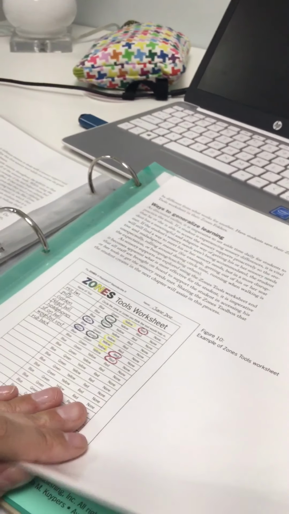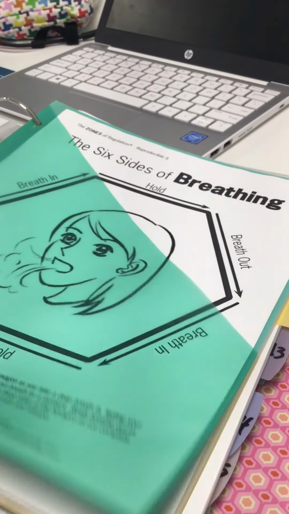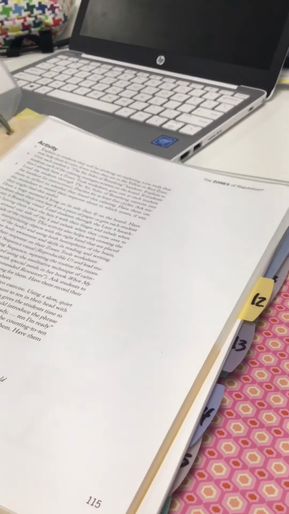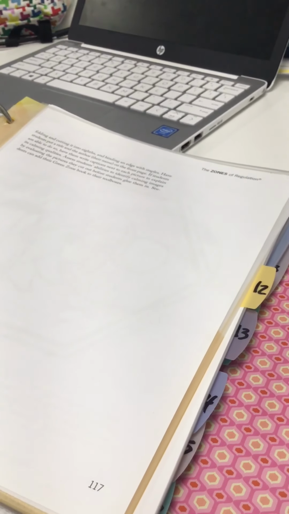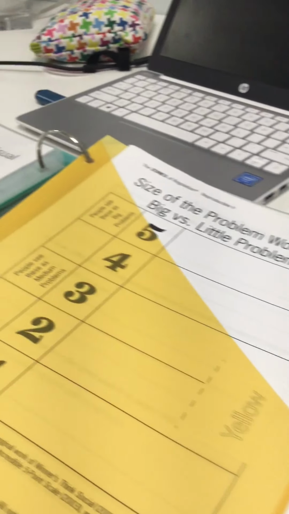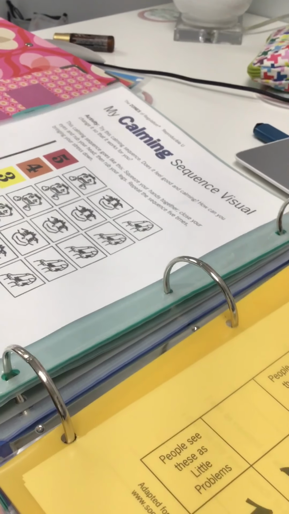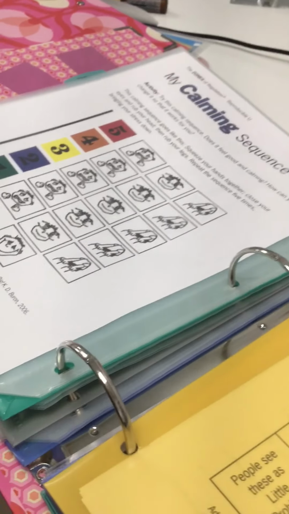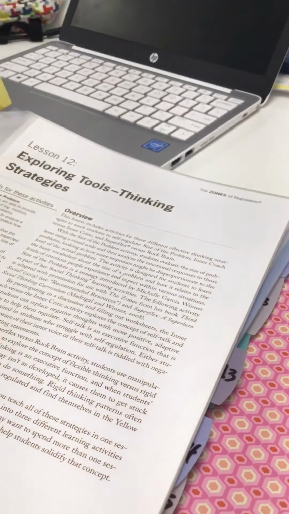They have different breathing exercises in here, and then tools for calming. So you'll have your 6-sided breathing, lazy 8 breathing, and then a calming sequence that you can do here. So that's the Incredible 5-Point Scale.